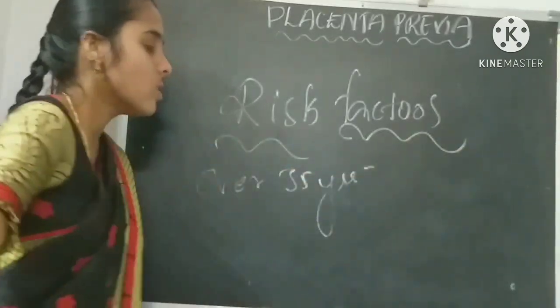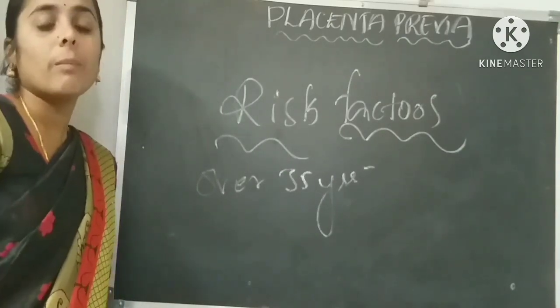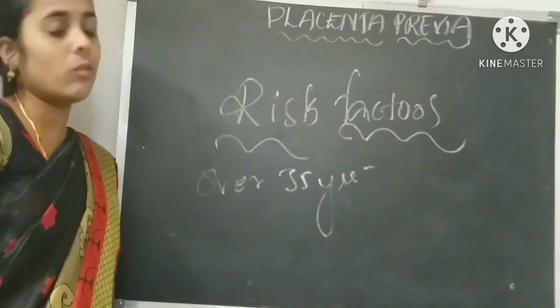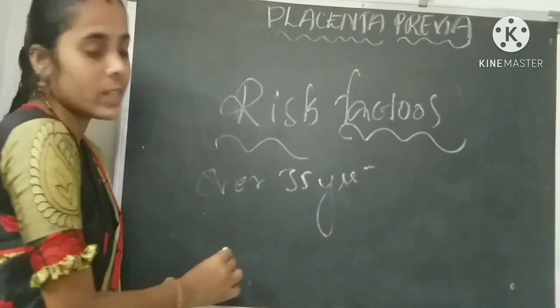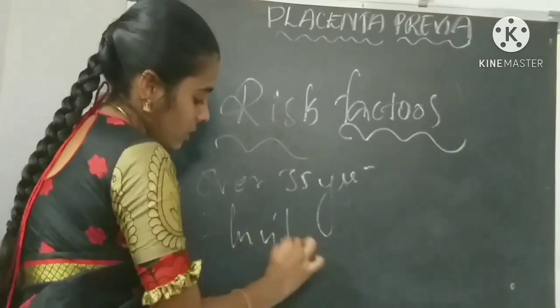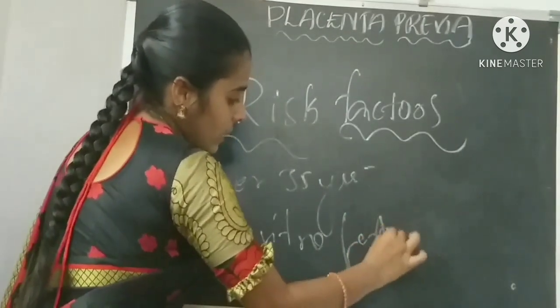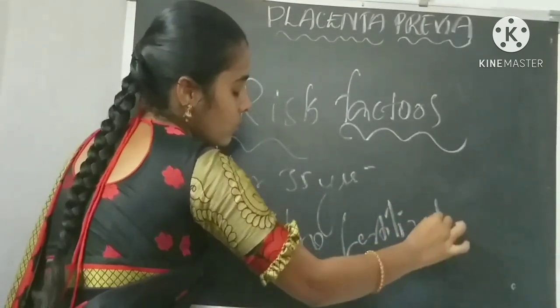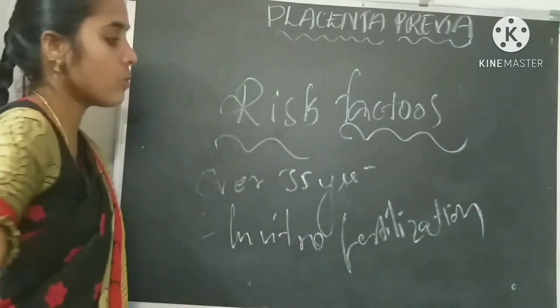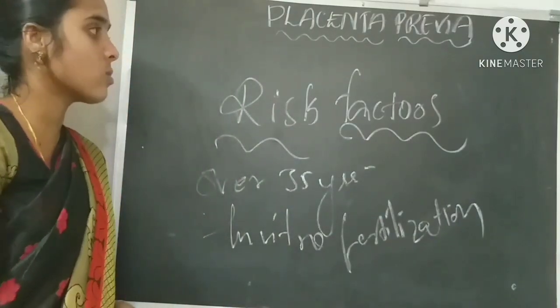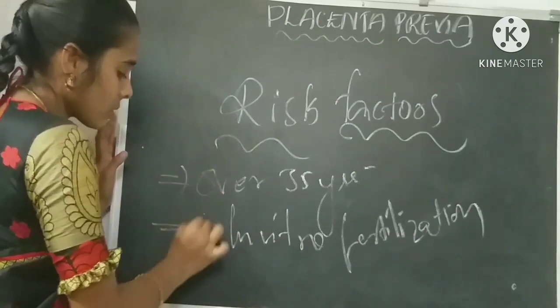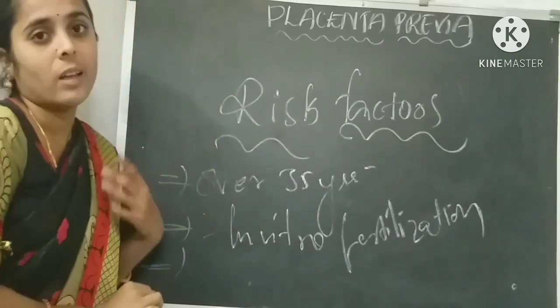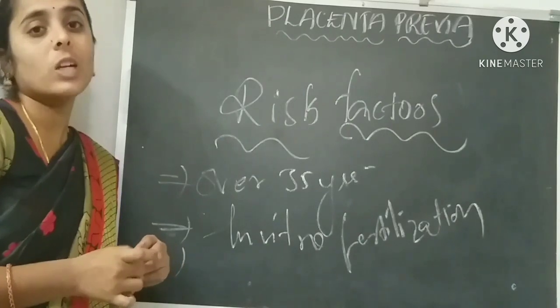If the pregnancy is conceived with assisted reproductive technology, that is in vitro fertilization, it will increase the risk of placenta previa. Next, if the maternal has smoking, it will also increase the risk.